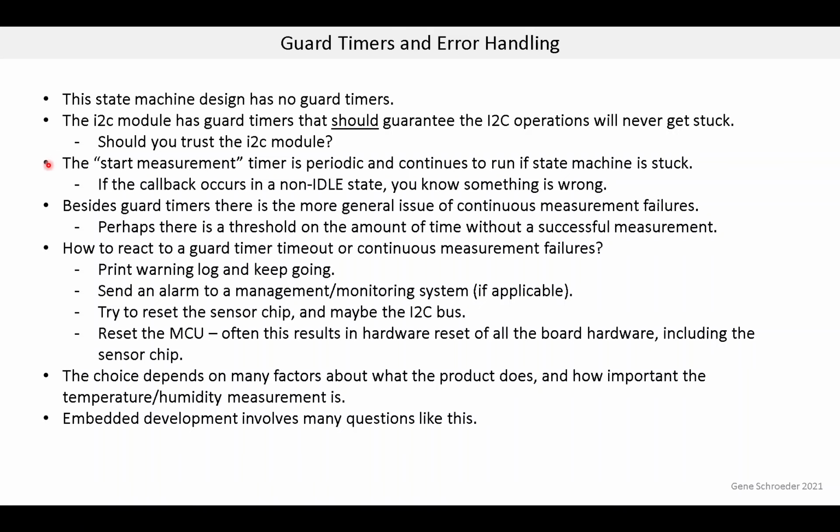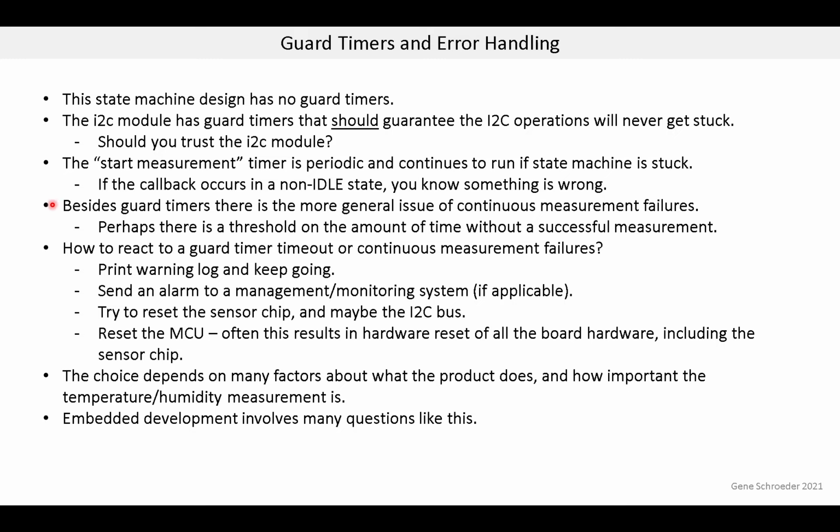Another thing you might think about, the start measurement timer callback is periodic, and it will continue to expire even if the state machine is stuck. So if we get that callback event in a non-idle state, we will know we are stuck. So we could sort of use that as a guard timer, although the duration might be longer than what you want.